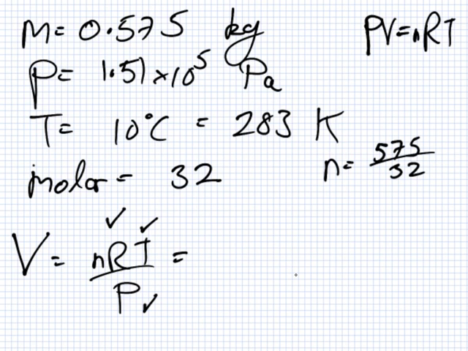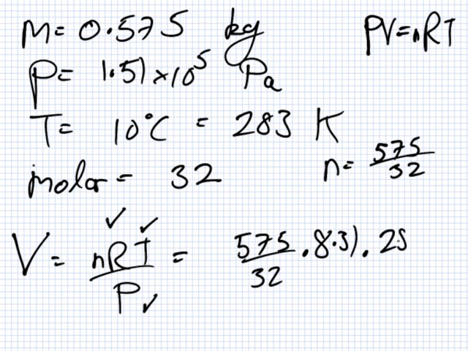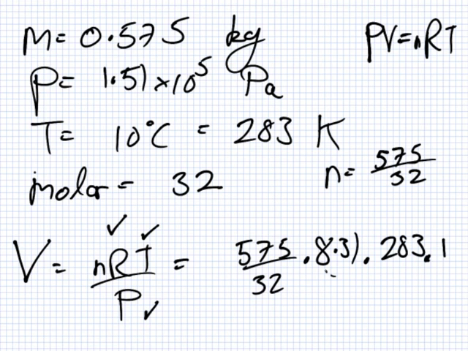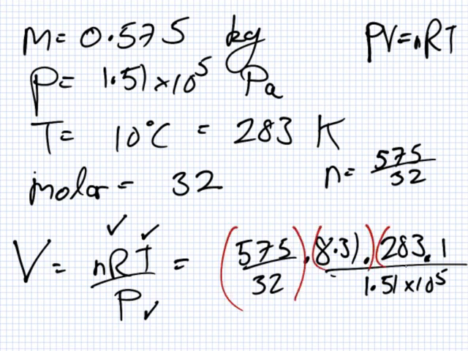Type in 575 over 32 times 8.31 times 283 times 1 over the pressure, which is 1.51 times 10 to the 5, and this will give you the volume. Multiply those 3 numbers and then divide by those 3 numbers.